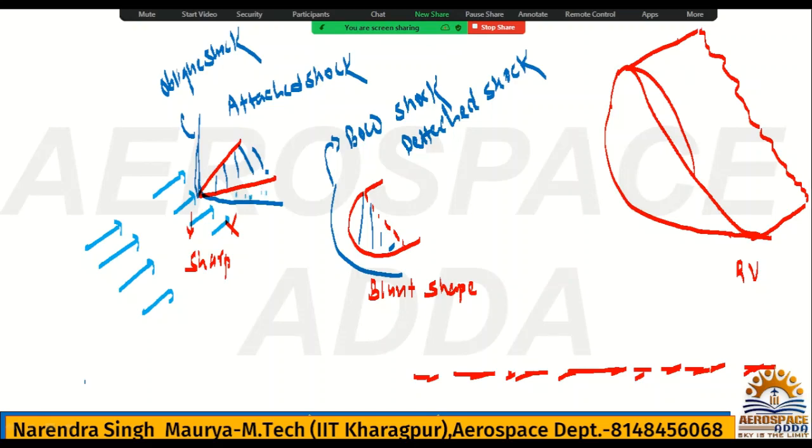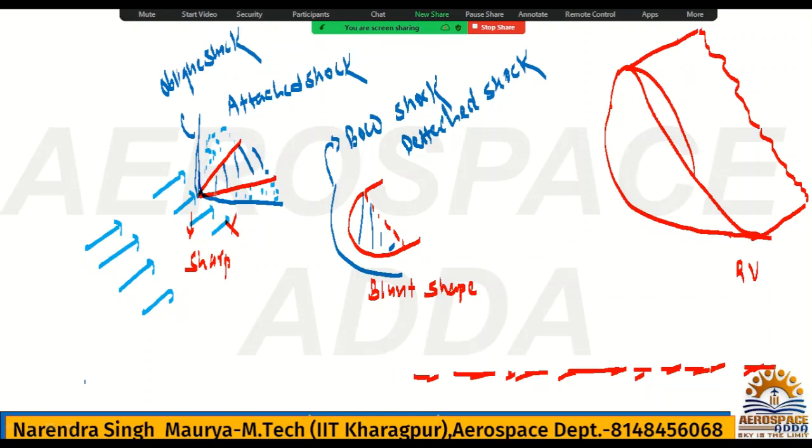Here you get very little space for the air, and the shock is attached to the corner. When the shock forms, pressure, temperature, and density all rise. Very high pressure and temperature may then damage the surface of the vehicle. You understood? That's the reason we don't want a sharp corner.